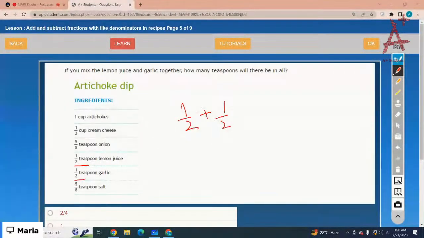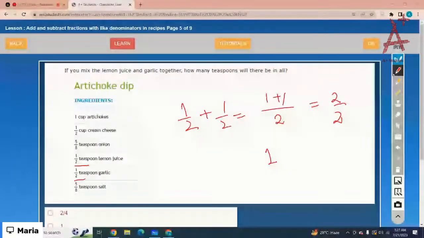So half and half makes one. You can see, add the numerators, same denominator. 1 plus 1 makes 2, and 2 over 2 makes 1. That means together lemon juice and garlic make 1 teaspoon. Got it? So the correct option is 1.